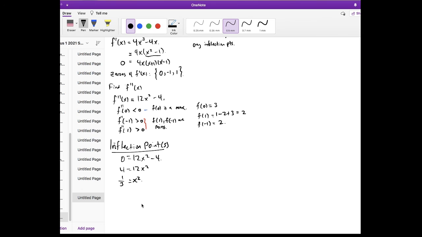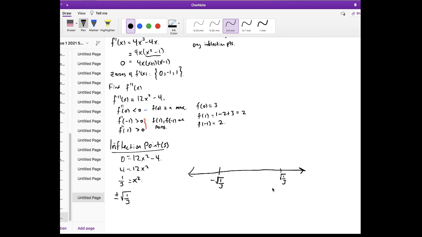Just gotta remember the plus or minus. It's plus or minus radical 1/3. Negative radical 1/3 and then positive radical 1/3.